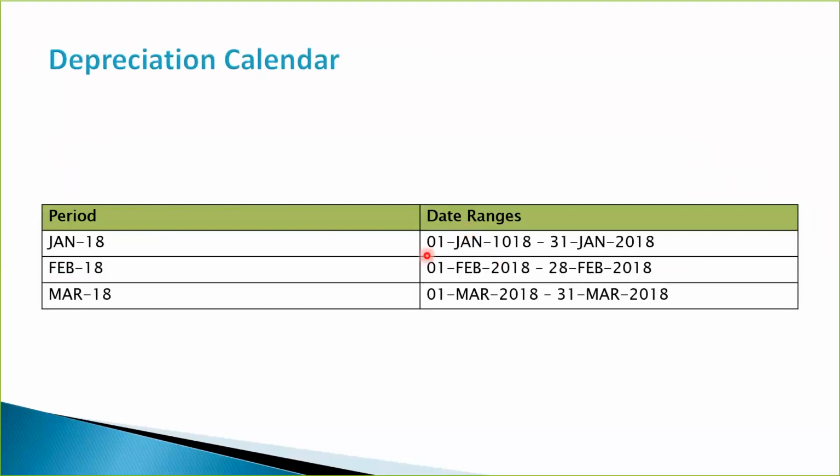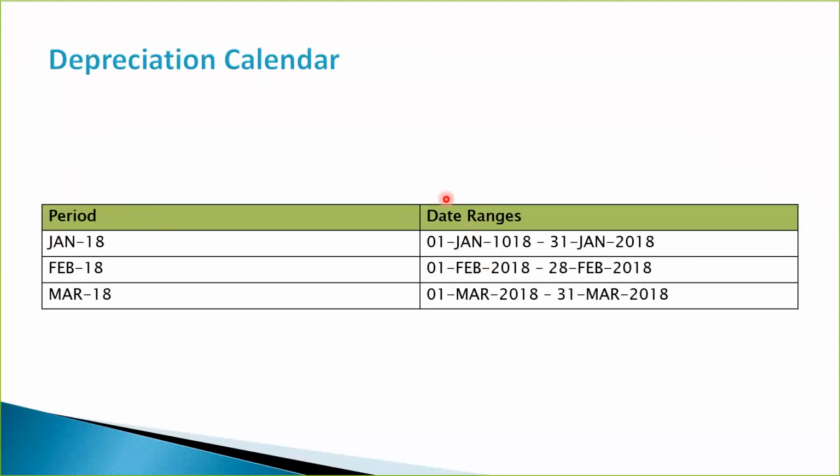It works because once it checks that this date belongs to the period of January, according to the depreciation calendar which I have shown here, see, they look the same. It has the date ranges, which are 01 January 2018 to 31st January 2018. So that date belongs here, and that's the name of the period.